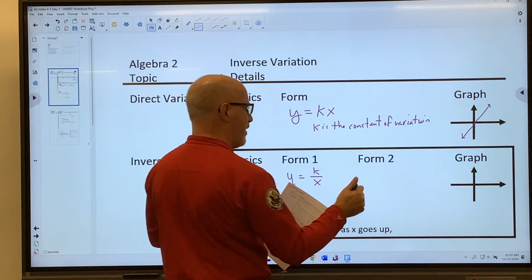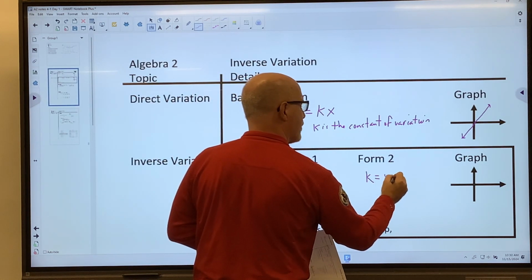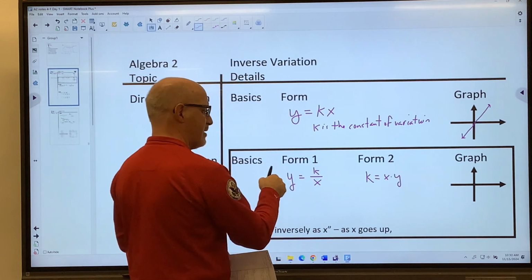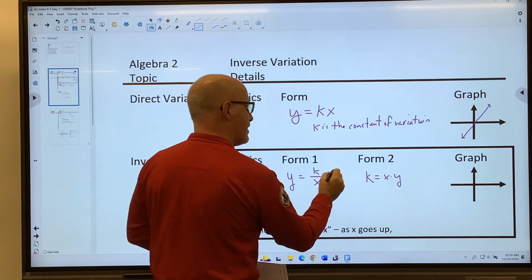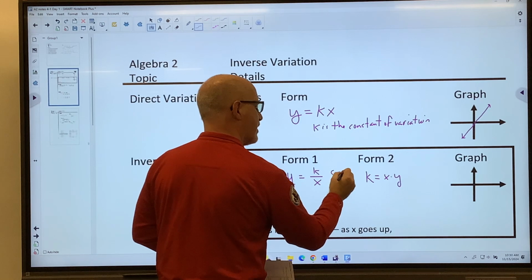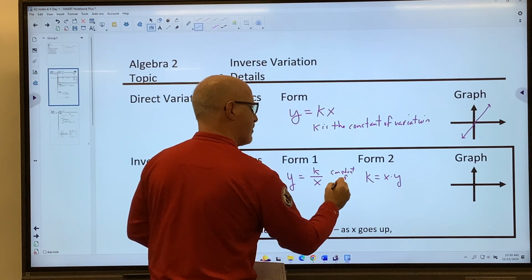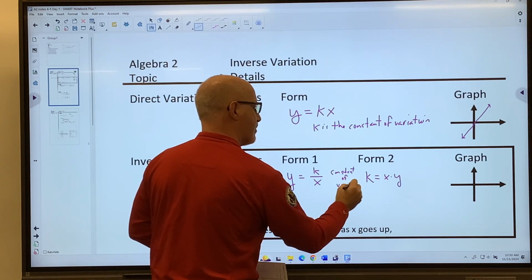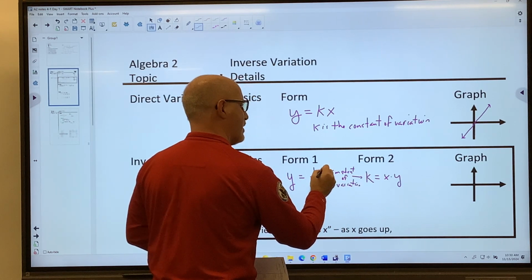The other form will oftentimes write it as that the k equals the two numbers multiplied. If you multiply x, it's x times y equals the k. All right, so the constant of variation here is the k in both of these, okay?